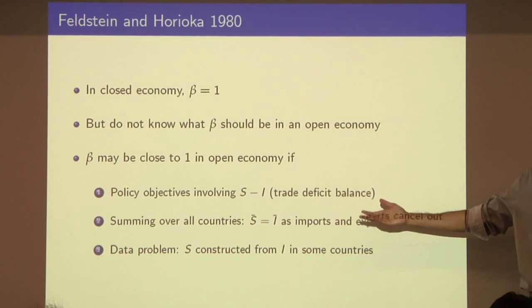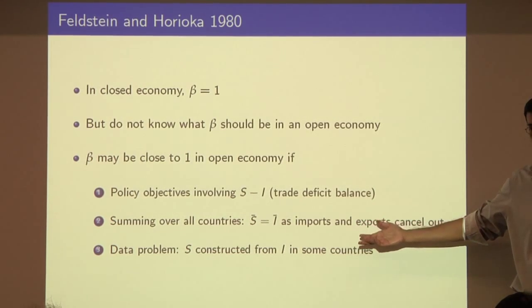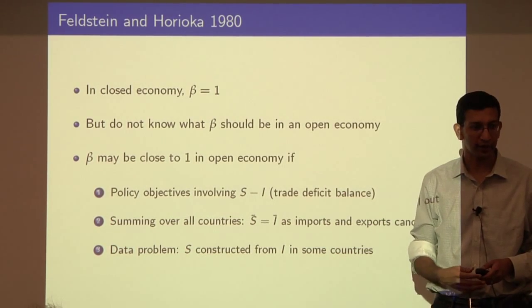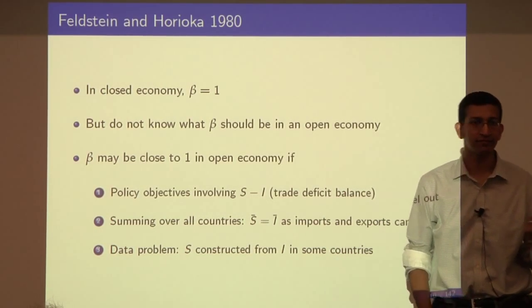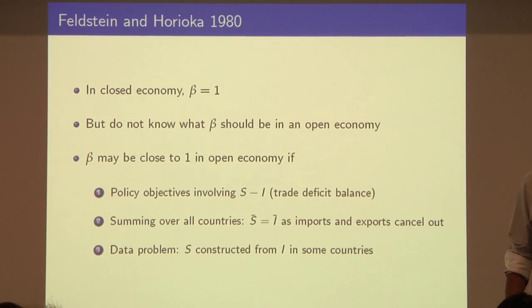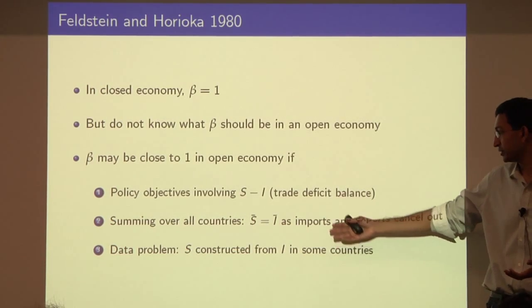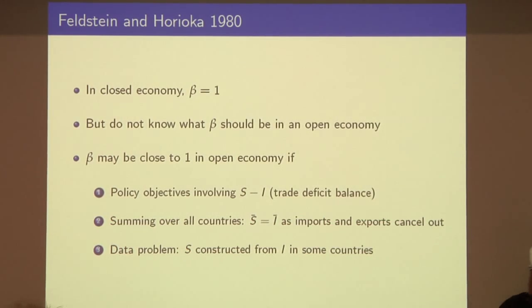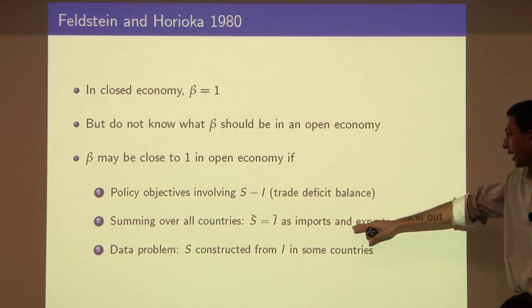Then you know that total savings has to equal total investment in the aggregate, and that's going to give you a coefficient of 1 automatically. So another way to look at this is the fact that the US is an observation in their data, you can't really treat the US as a small open economy because it is going to have a global influence, and that's going to push you towards a coefficient of 1. So again, you can't conclude from the fact that this coefficient is relatively high that capital is not flowing freely.